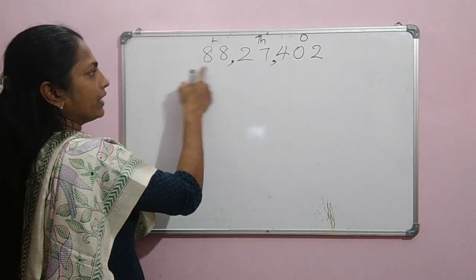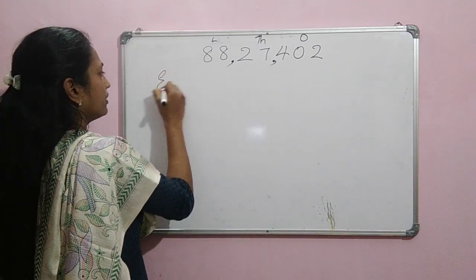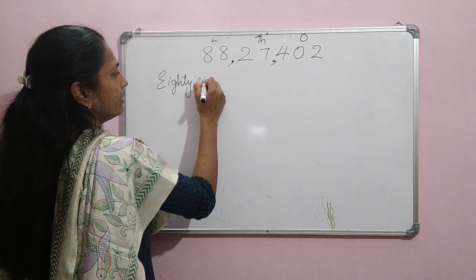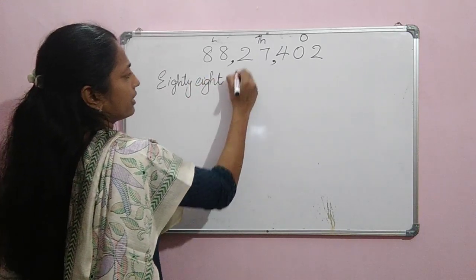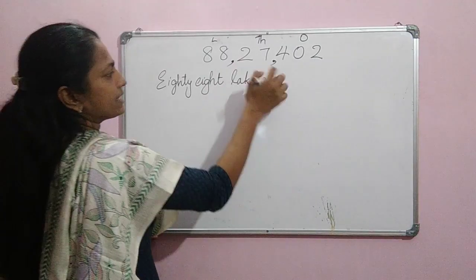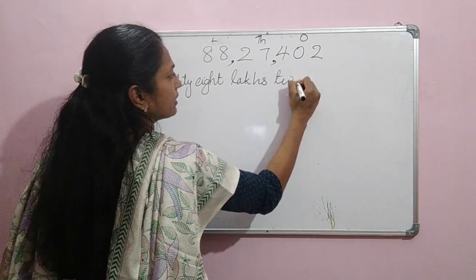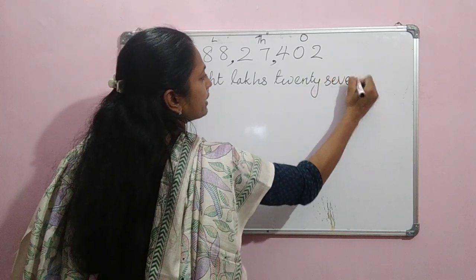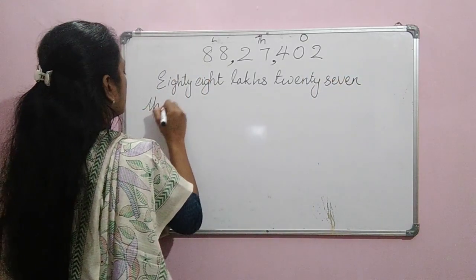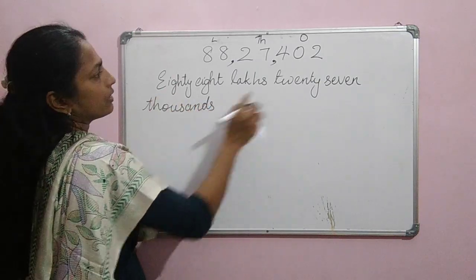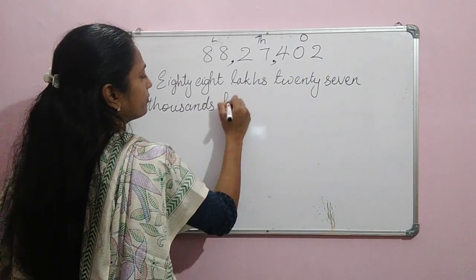So lakhs group we have 88 lakhs, 27 thousands, 402.